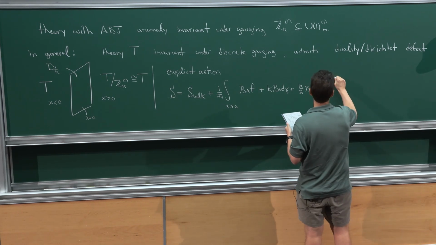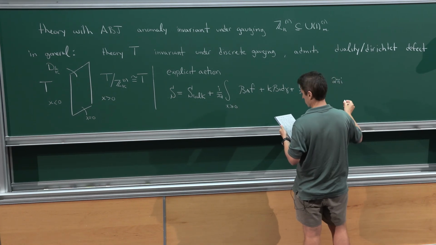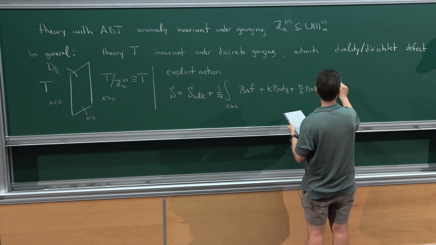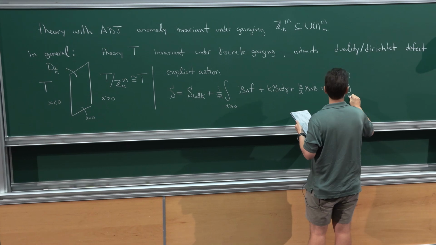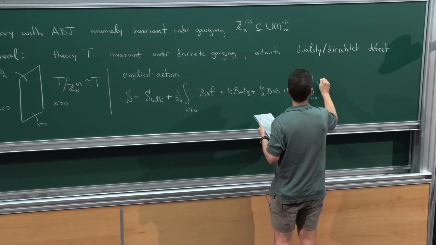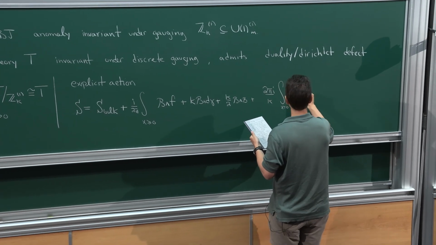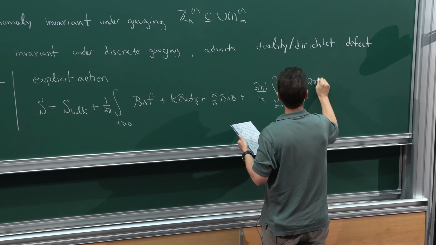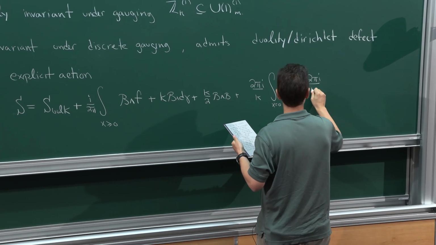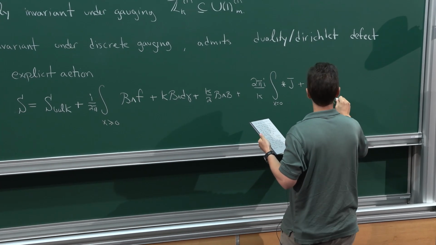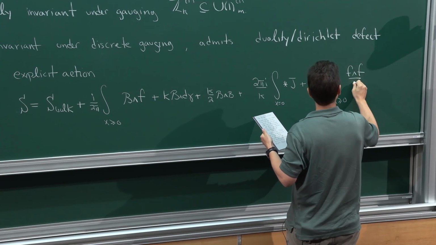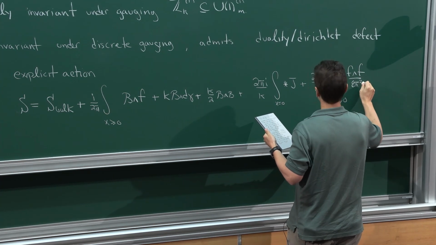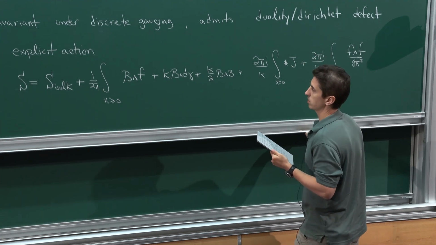So the other term I'm going to add is 2 pi i over k, the integral over x equals 0 of star j plus, and you will see why I do this momentarily. So I add this combination as well.